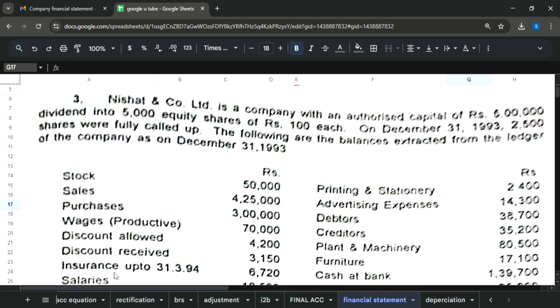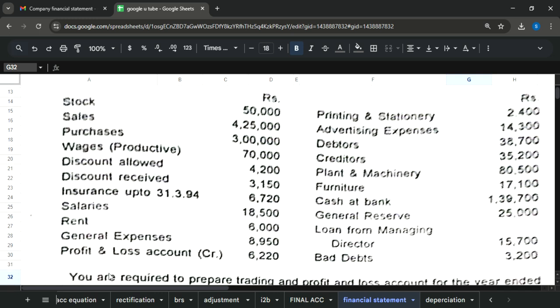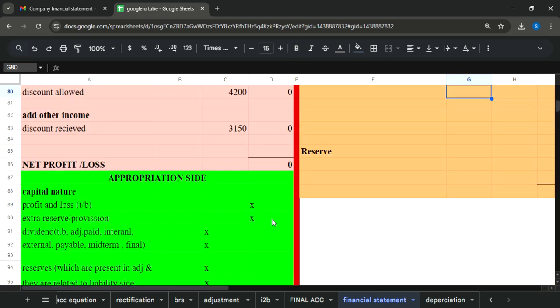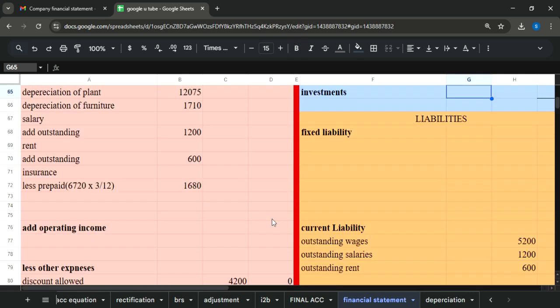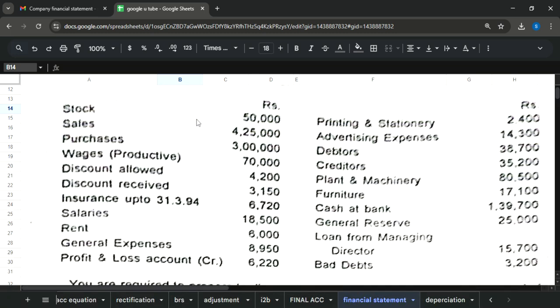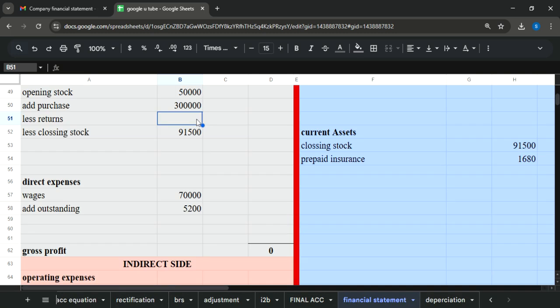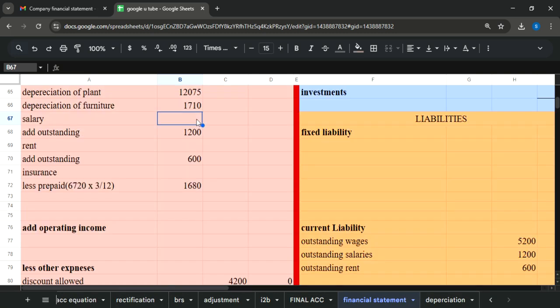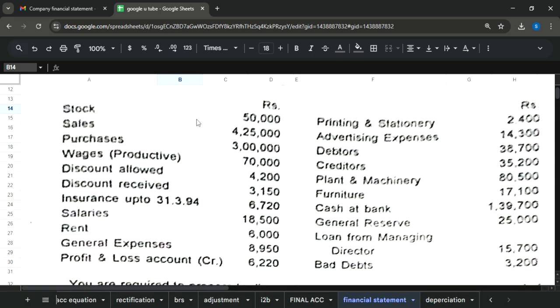The next amount is salaries, 18,500, and we have its place. Here you will write salary, amount of which is 18,500. So salary is noted down. After salaries, we have rent of 6,000.